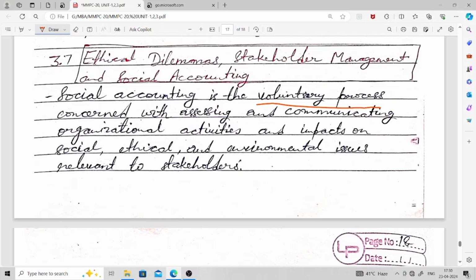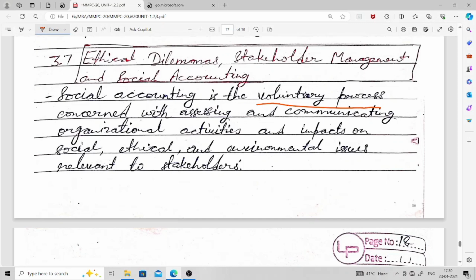It is concerned with assessing and communicating organizational activities and impacts. Means it is a voluntary process concerned with assessing the organizational activities and impacts on social, ethical, and environmental issues relevant to a stakeholder.